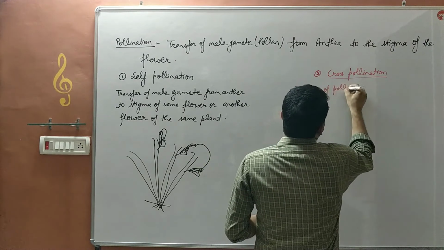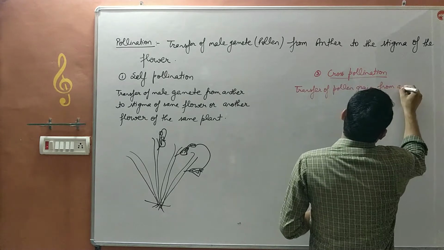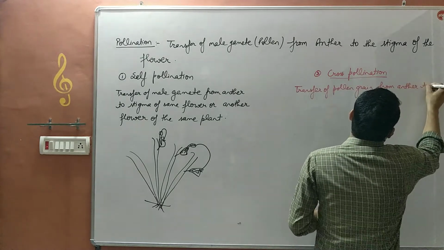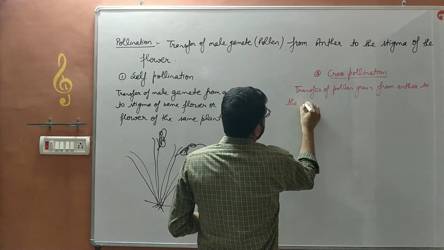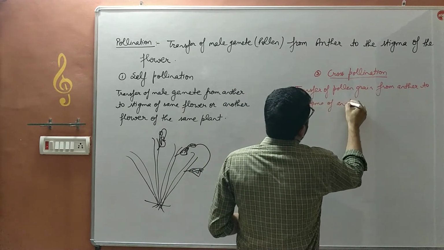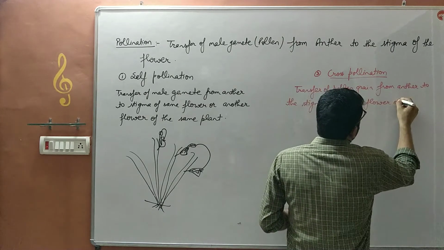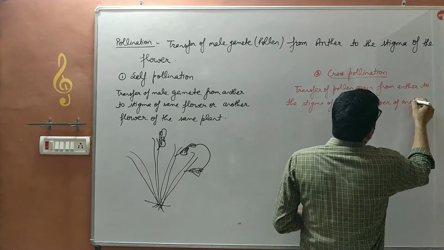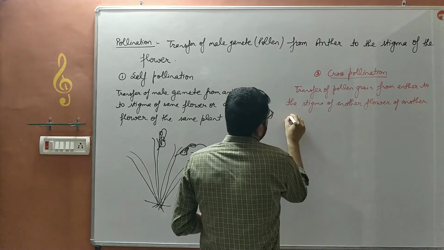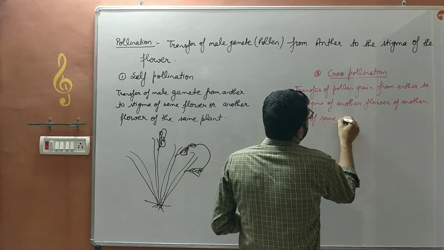Transfer of pollen grain from anther to the stigma of another flower of another plant, or another similar plant of the same species.